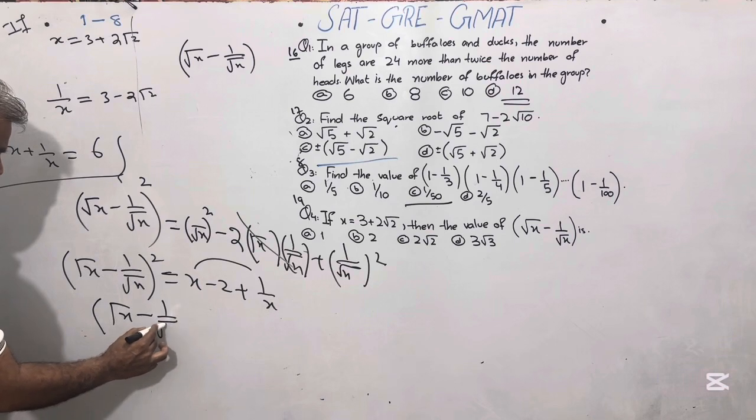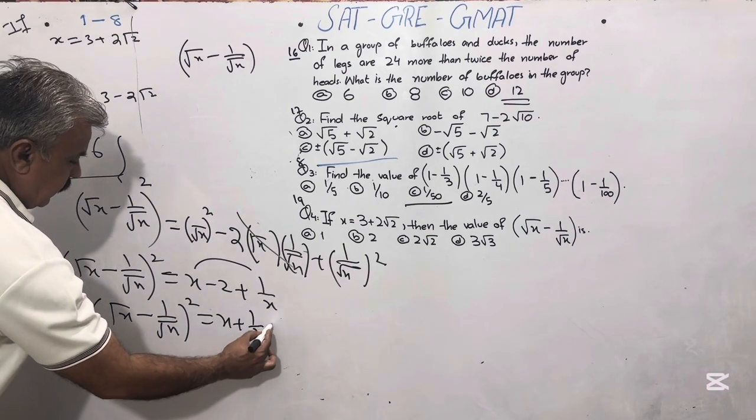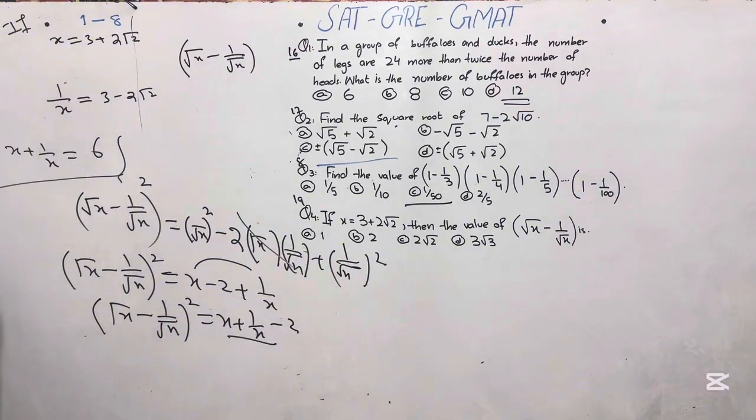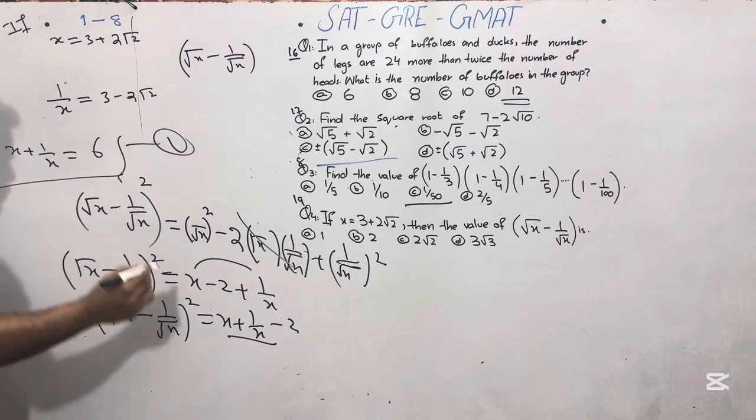Our question is taking shape. Root x minus 1 over root x, whole square, equals x plus 1 over x minus 2. Instead of x plus 1 over x, we can utilize its value, 6.